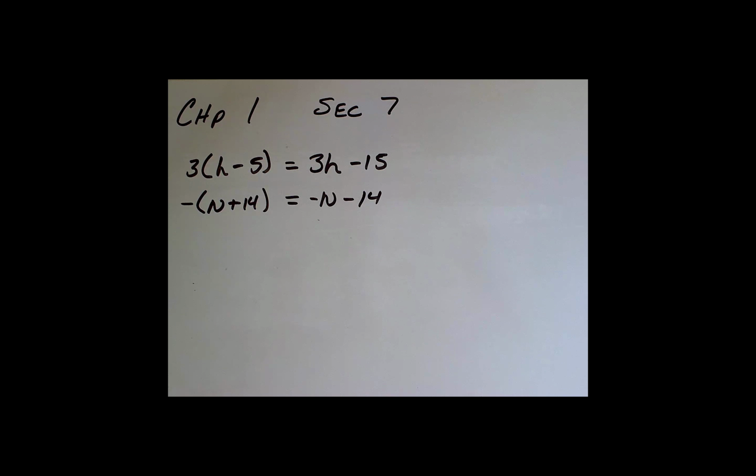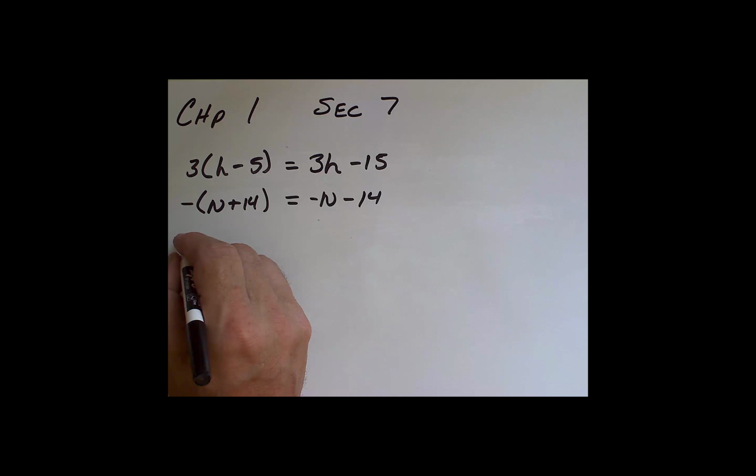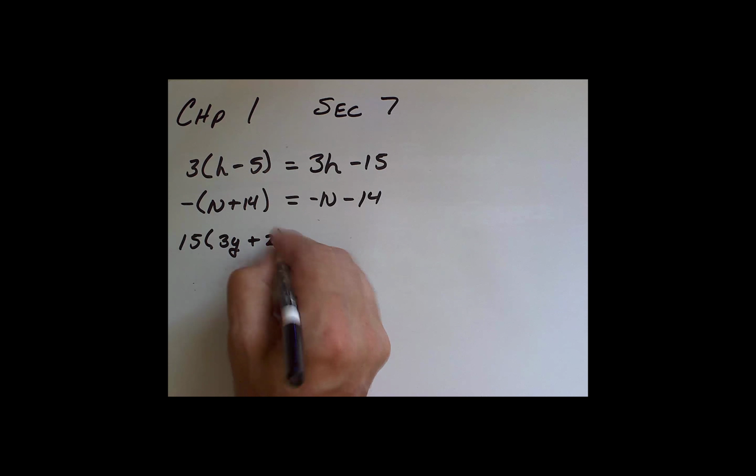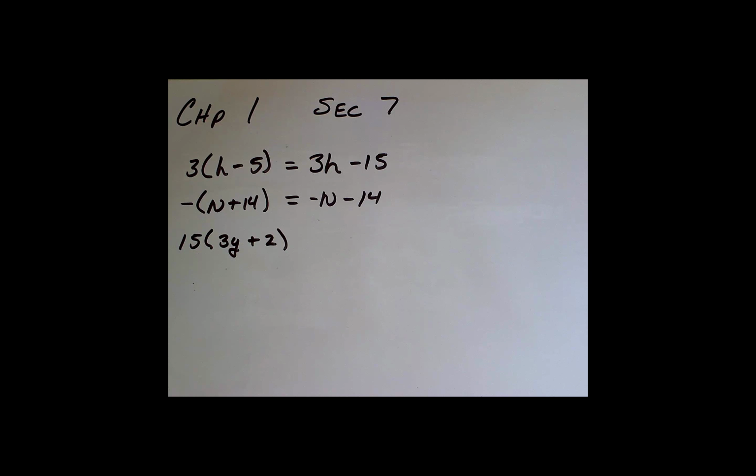Let's take a look at another one. Let's get a little more difficult here. 15 times 3y plus 2. What would we do? Well, when we carry the 15 through, we're going to multiply this 15 by the coefficient out in front of this y.